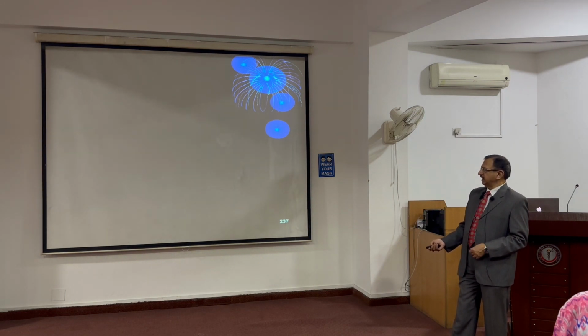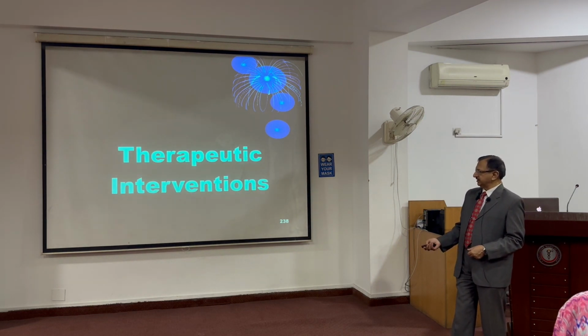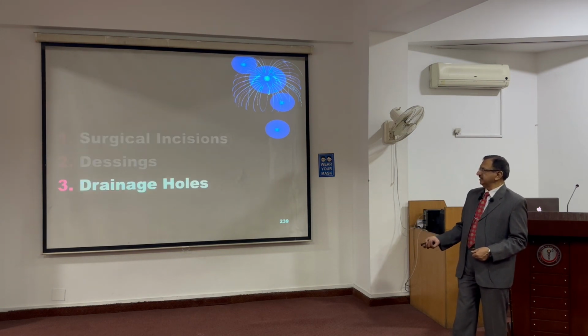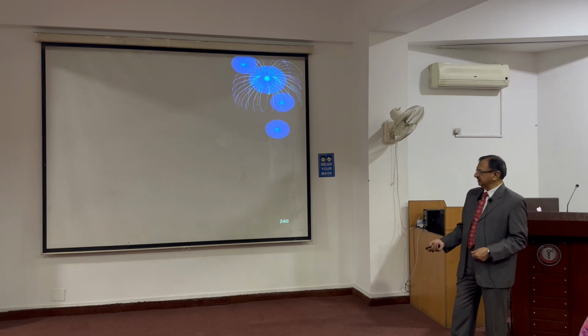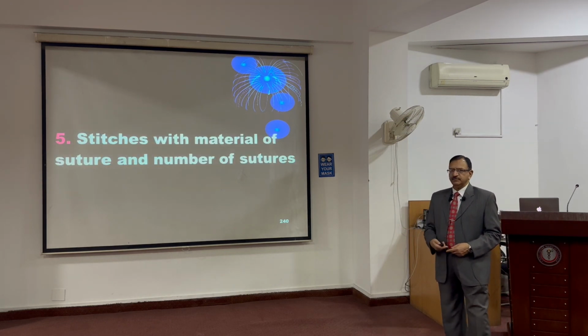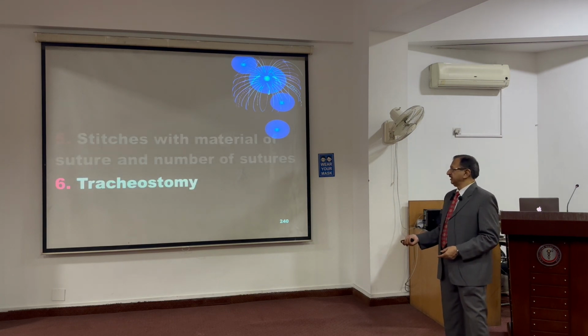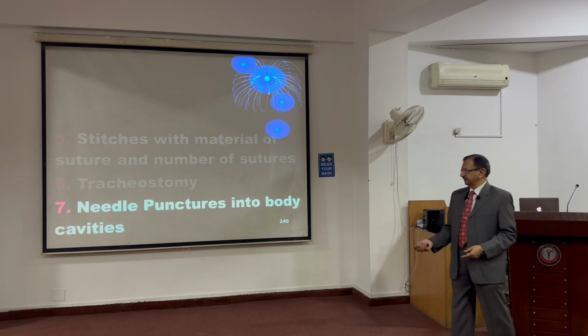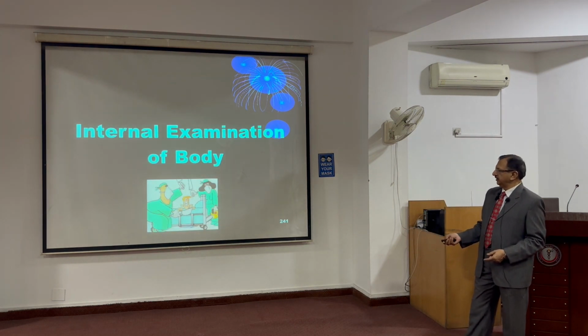So they are classed under the surgical intervention, therapeutic intervention: surgical incisions, dressings, drain holes, catheters, they are all noted down. Stitches, the number of stitches, the material used, it is noted. If there is tracheostomy, then the needle puncture, they are all noted down.